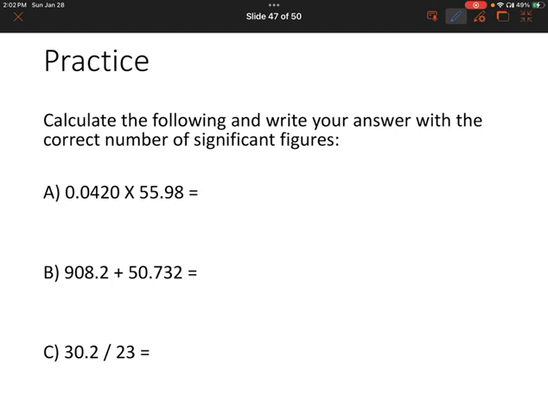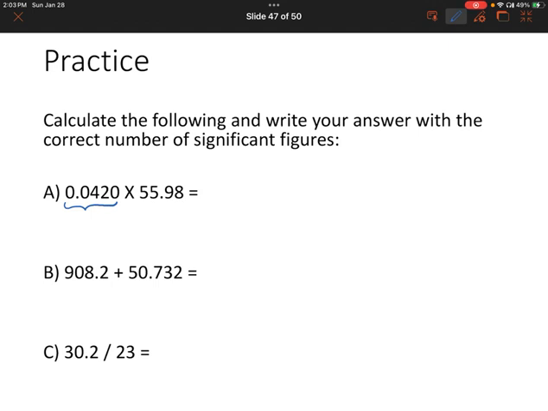All right, let's look at the first problem. So we're multiplying 0.0420 by 55.98. All right, so let's look at this first value. How many sig figs does it have? Well, this one's a little tricky, right? We do have leading zeros, which don't count as significant.